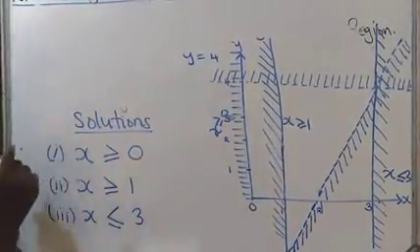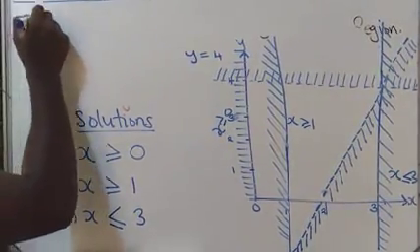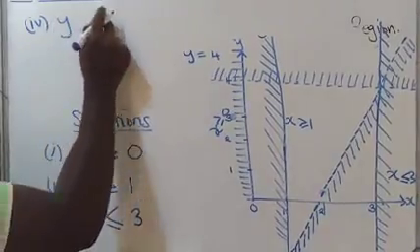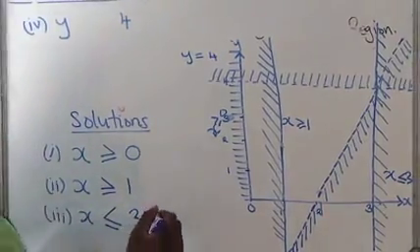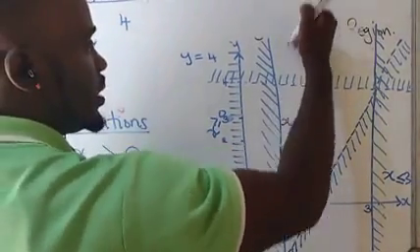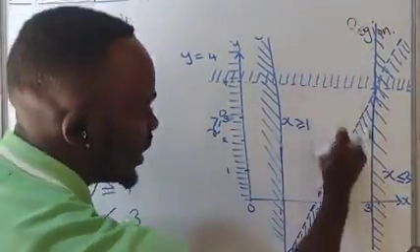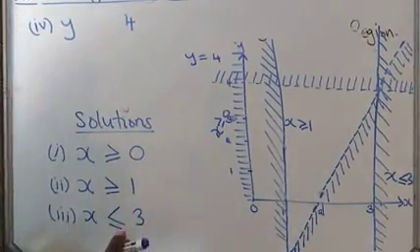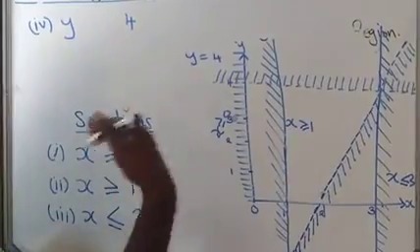So how can we write it? Y, we leave space, then we write 4. So the shaded part is greater, the unshaded part is less. So I'm describing this line using the unshaded part.